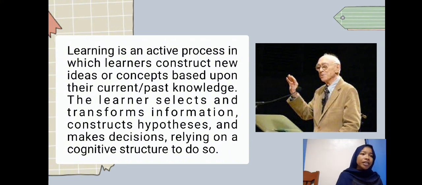The learner selects and transforms information, constructs hypotheses, and makes decisions relying on a cognitive structure to do so. So our prior knowledge is very important in constructing new information by transforming it into a more appropriate or more accurate one.